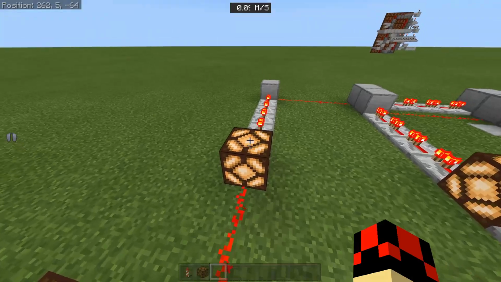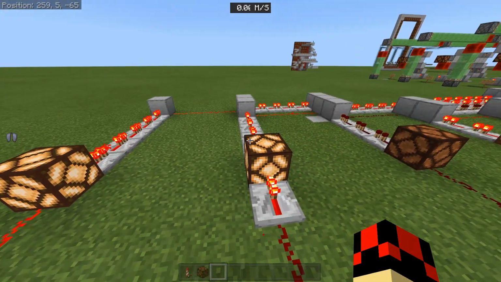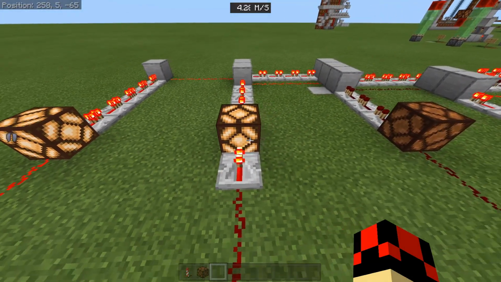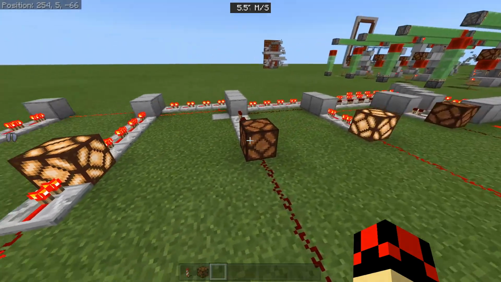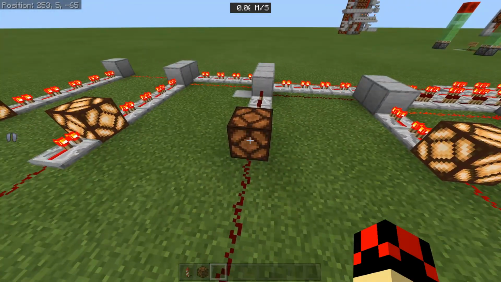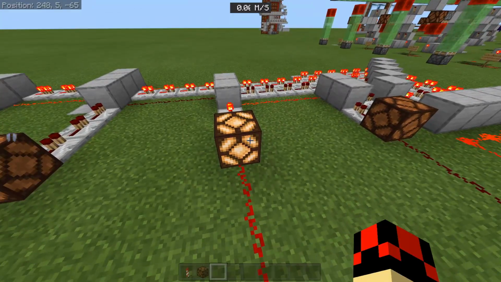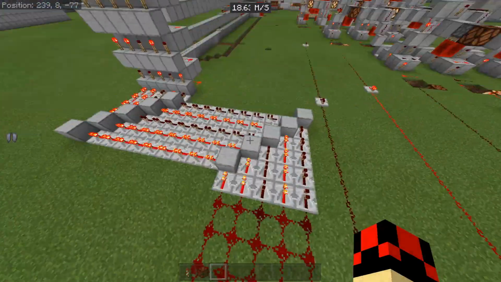So if we add this up, it's 16 plus 8, which is 24. No, 16 plus 8 plus 2, which is 26.